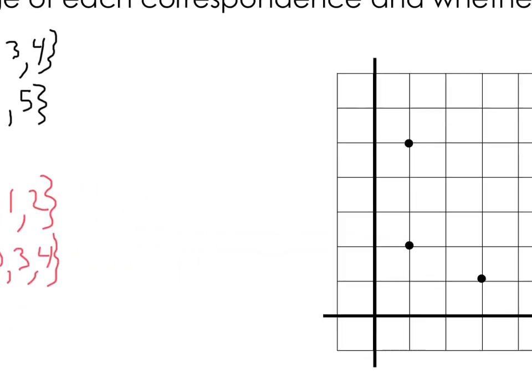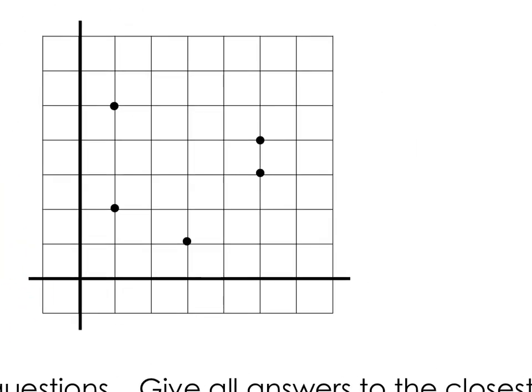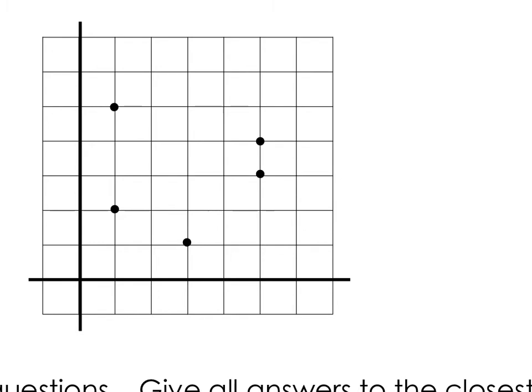Let's look at this graph and do the same thing. We need to come up with the domain. What are the possible x values? We see some points at 1, at 3, and at 5. So our domain will be the set 1, 3, and 5. How about the range?